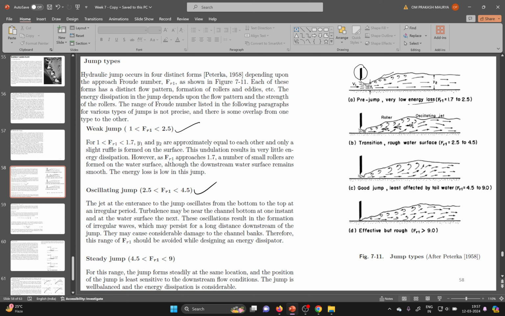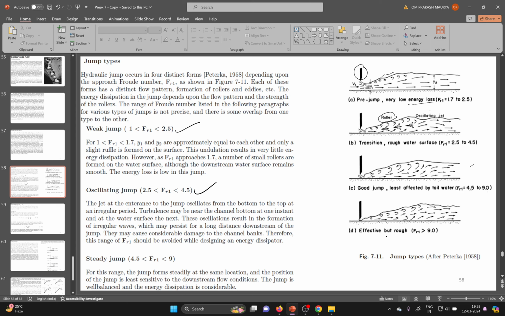Sometimes there is a transition with a rough water surface, where some roller type of thing is happening, and your Froude number is generally 2.5 to 4.5. The good jump is like that, least affected by tail water. The Froude number is 4.5 to 9. Greater than 9 is effective but rough.